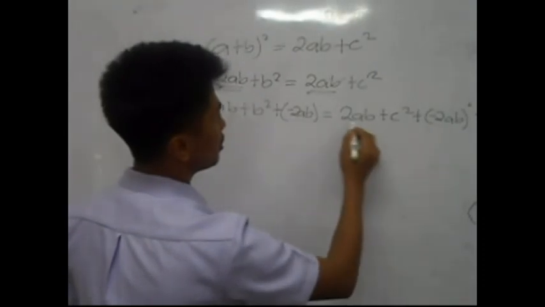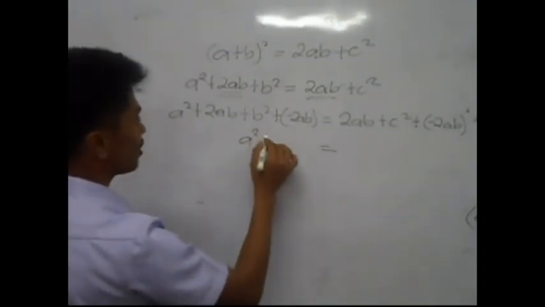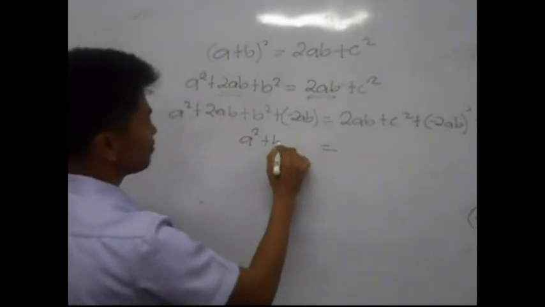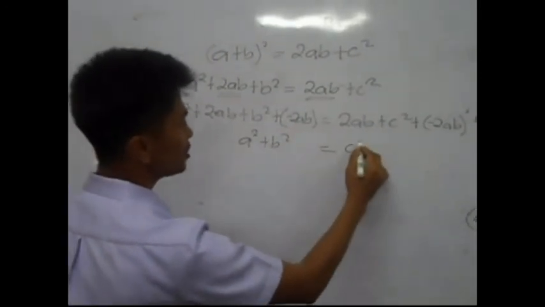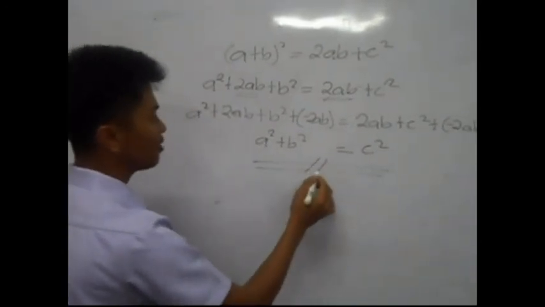So it is equal to a squared plus b squared equals c squared. So this is our Pythagorean theorem.